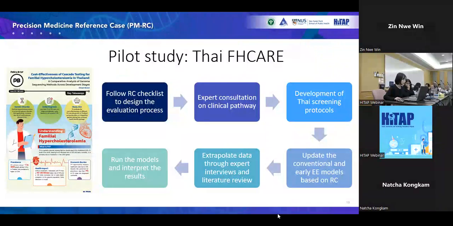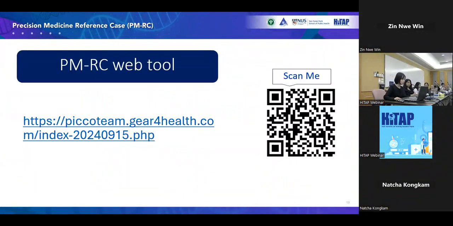Genetic FH greatly elevates the risk of cardiovascular conditions and death. It would be great to identify these patients with genetic FH early in life, so as to prevent the later consequences. Okay, so let's go to the website.